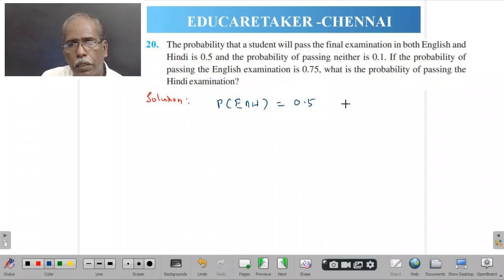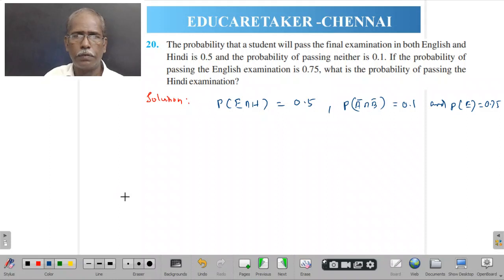And the probability of neither, that is P of E complement intersection H complement, is 0.1, and the probability to pass the English examination, P of E, is 0.75.